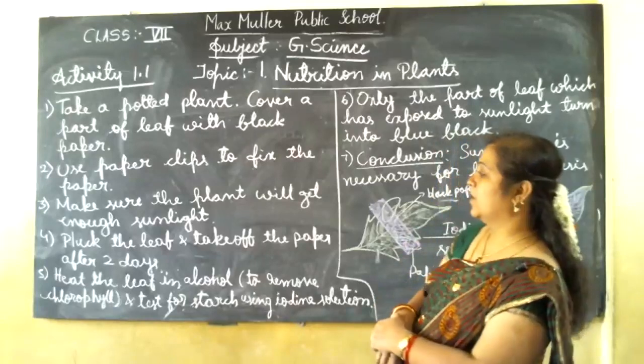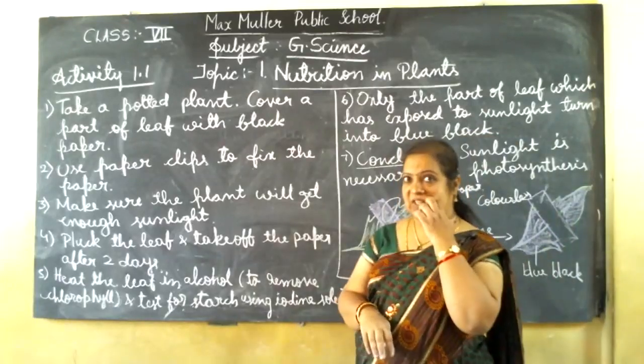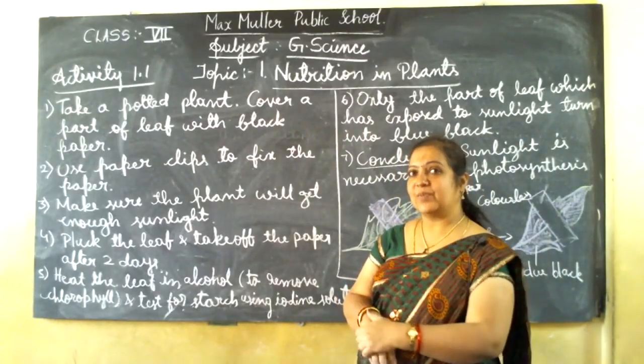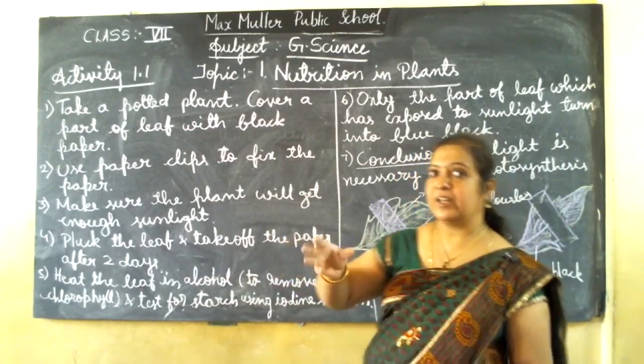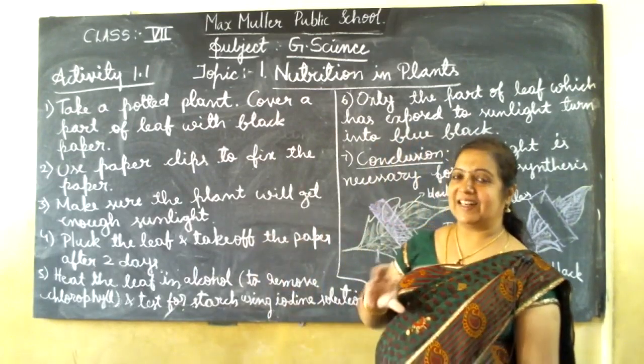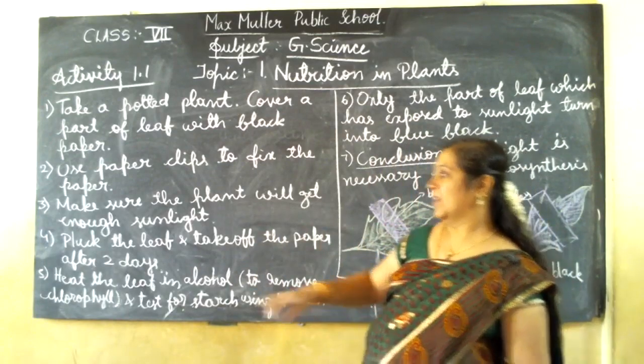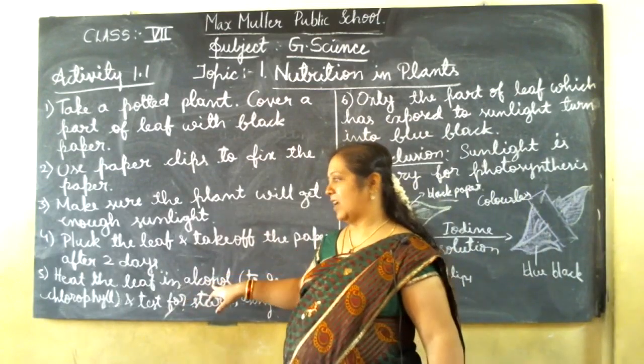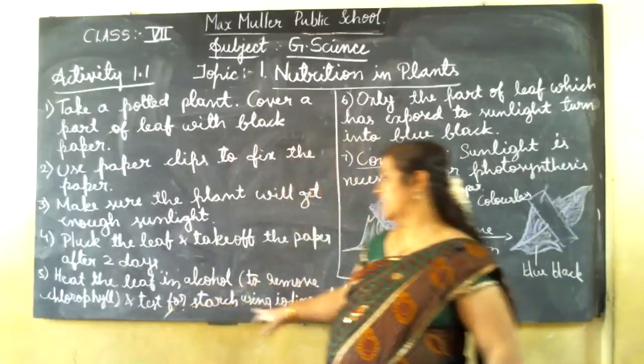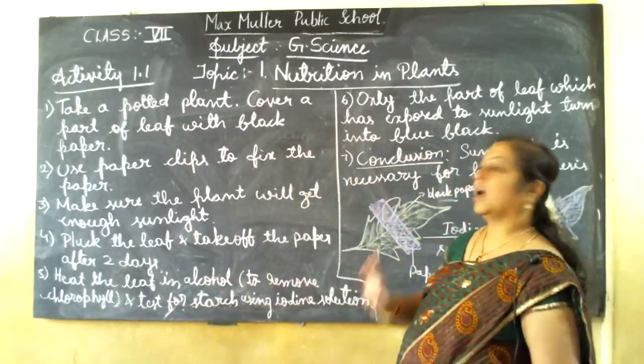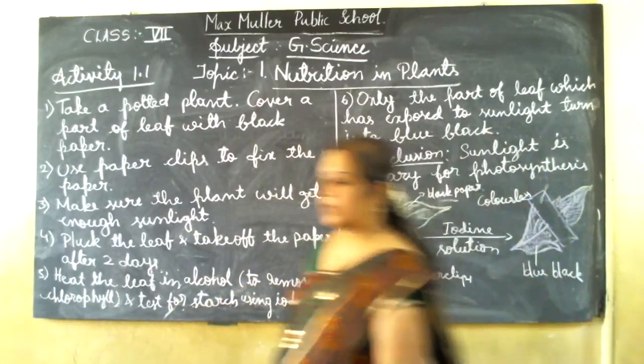That's why we destarch, converting the leaf into a pale color. The leaf becomes colorless. That's why we heat the leaf in alcohol and then test for starch using iodine solution. This is very important.